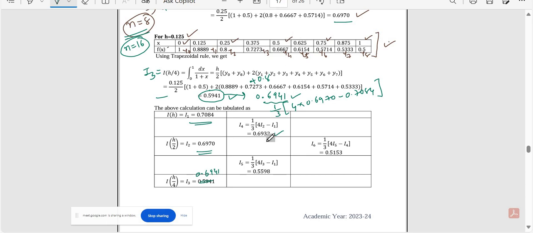Yes, 0.6932 is your I4. Okay, everybody got it? This value, I4?